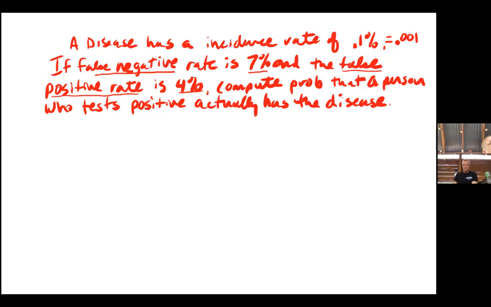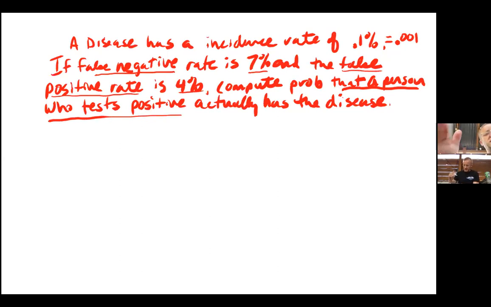A couple things I want you to notice in here is, first of all, the way the probability they're asking us to find is worded. It's actually a conditional probability, not just a regular probability. The condition is that the person tested positive.